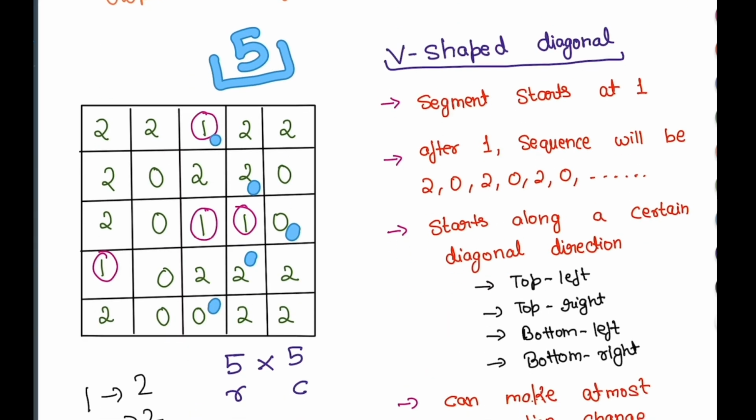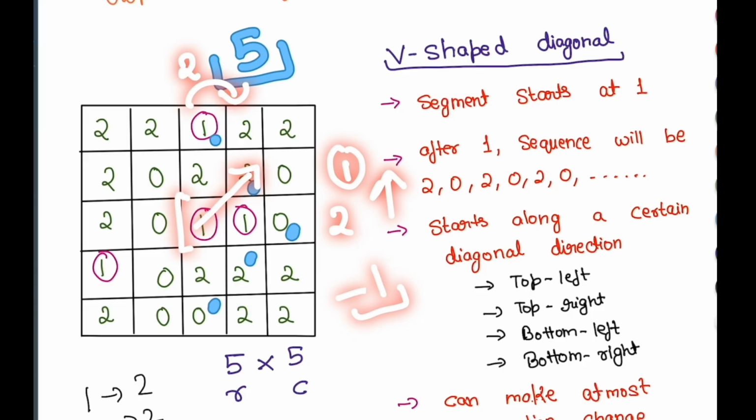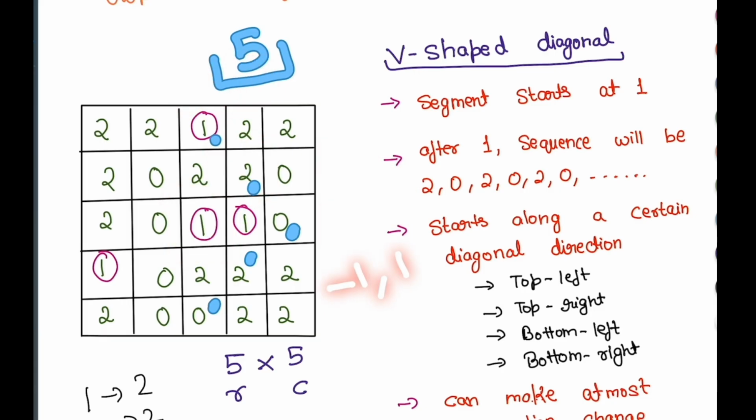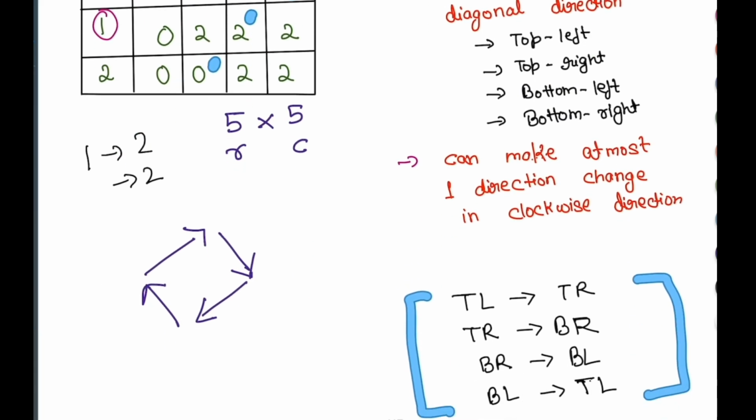If I want to go in the top right corner, I have to go one row above, so my row is going to decrease by 1, and my column is going to increase by 1. My column was 2, and now it is 3. So when you want to go in the top right corner, you have to go one row above and one column ahead. Row will decrease by 1, column will increase by 1.